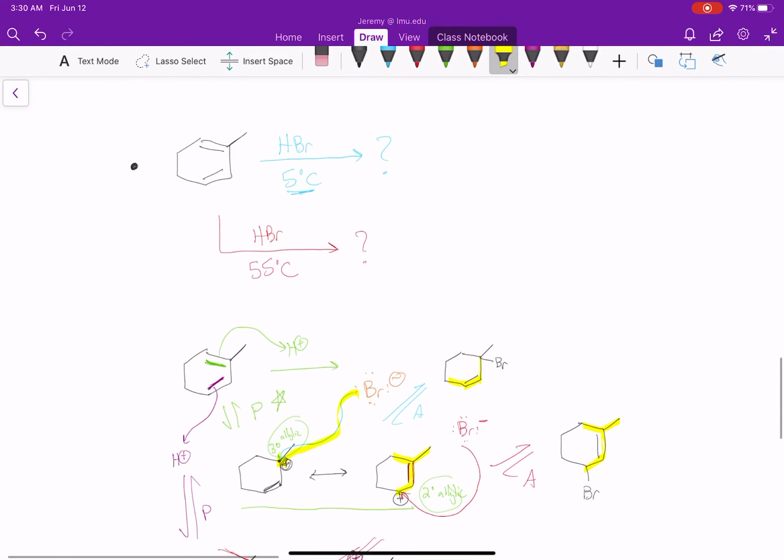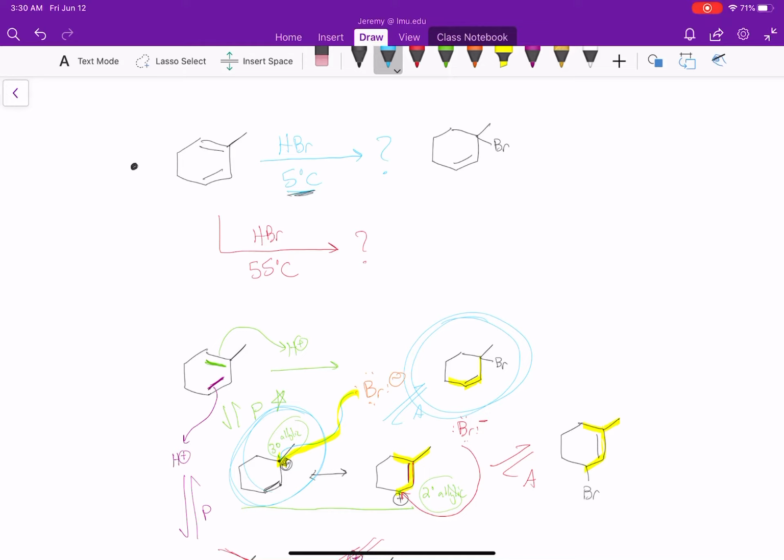So what are the major products that we'd form at low temp? The major product we would form here would be our blue path. We're attacking the more stable carbocation in our green protonation step.